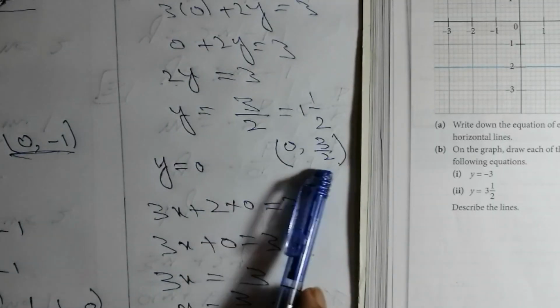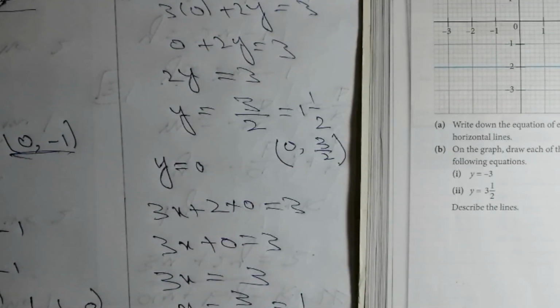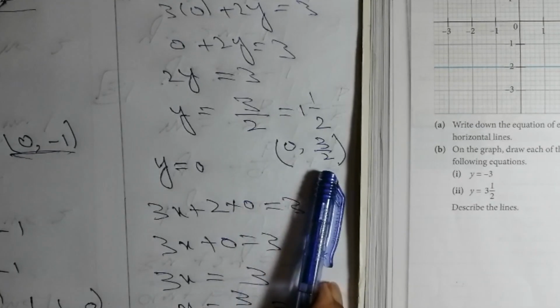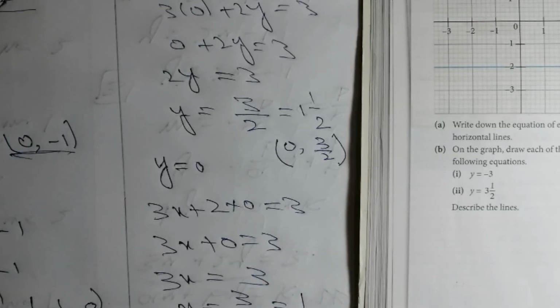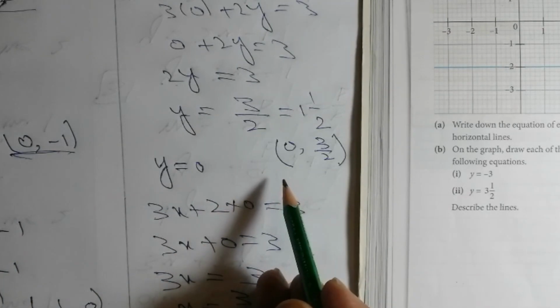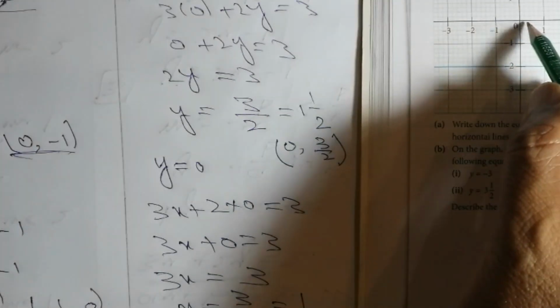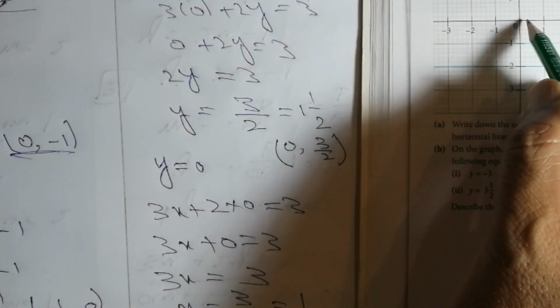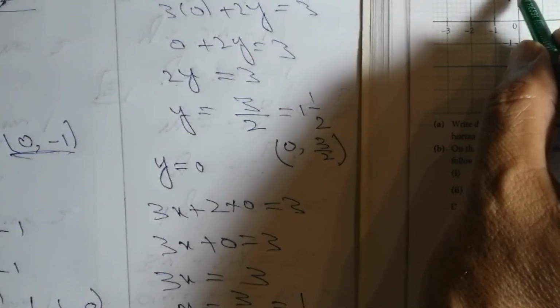Now whenever we have 2 points, by the definition of a straight line, we can join the 2 points and we will get the straight line. So we can draw these 2 points on the graph paper. For example, on this graph paper, 0 and 3 by 2: 0 is this one, and 3 by 2 is 1 and a half, which is this central point.